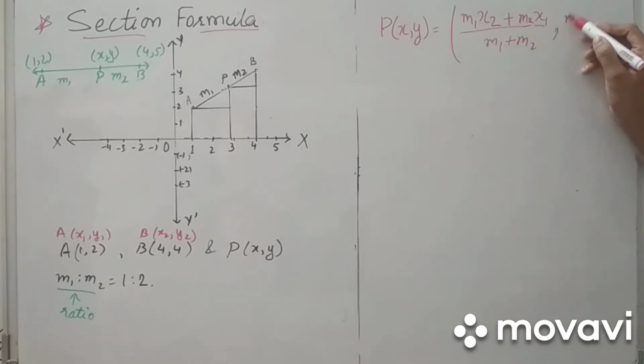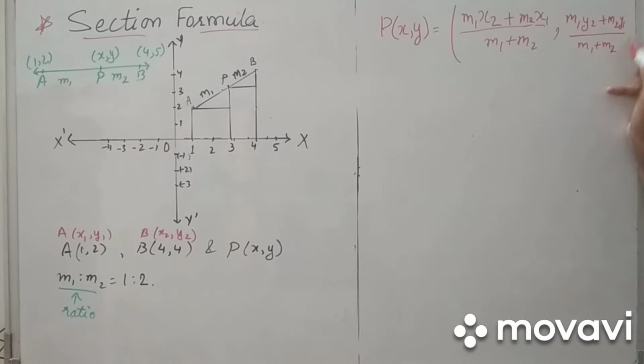Same way, y equals M1 into y2 plus M2 into y1 upon M1 plus M2. This is our section formula.